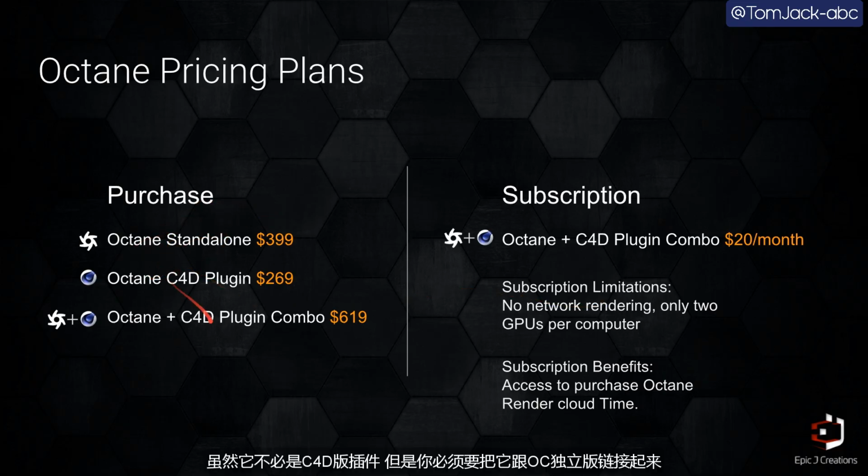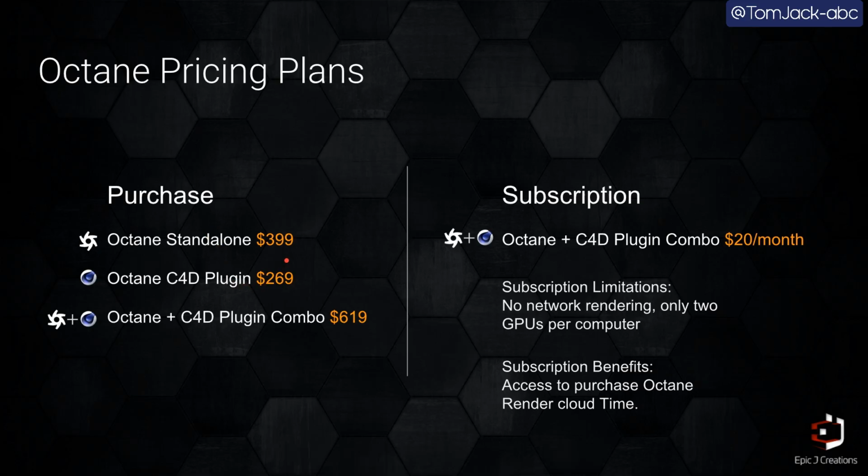It doesn't have to be the C4D plugin, but you do have to link in the Octane standalone application. So if you have, say, 3 computers, your computer has the plugin, and you want to render with other ones, the other 2 computers that you want to render with must have at least the Octane standalone application for $399, but you don't have to have the $269 plugin on all those. So that's a benefit.